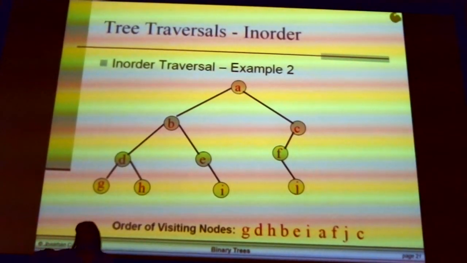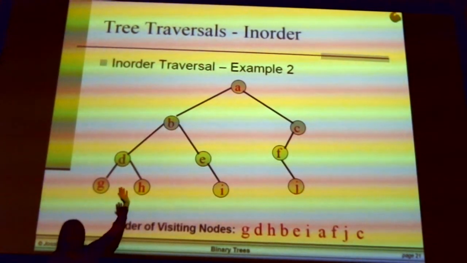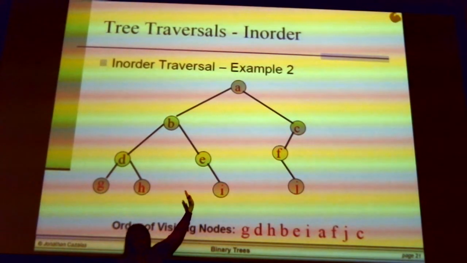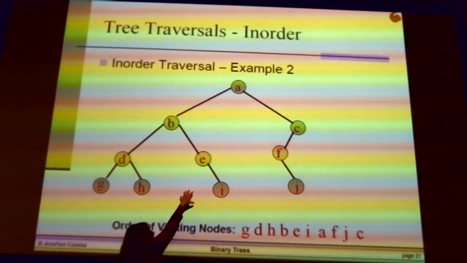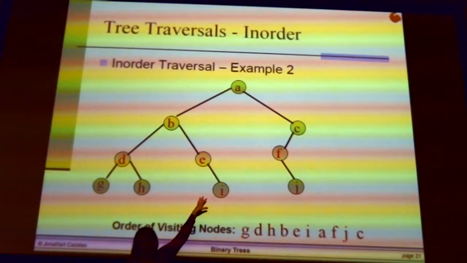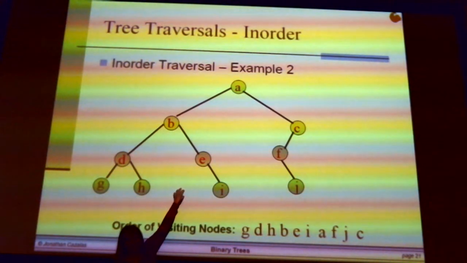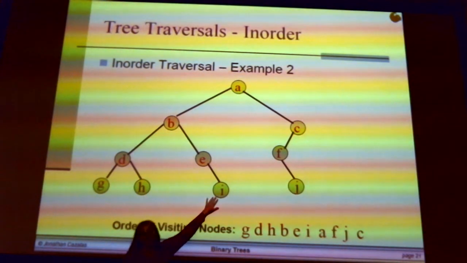We can print the guy in the middle because we're doing an in order traverse. So we print the parent. So then we go to our rightmost child. Our rightmost child is E. If he had a left, because you drill down as deep as you can, right? If I had a left, he would have been printed first. And because we're doing in order, we do left, parent, right.